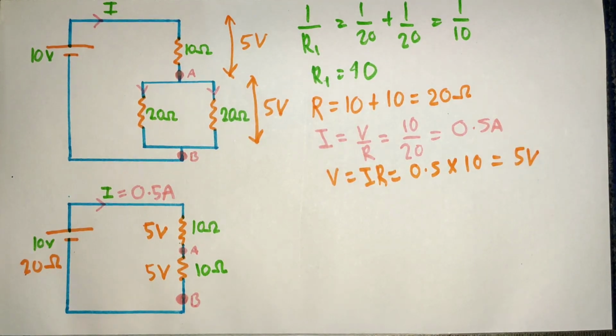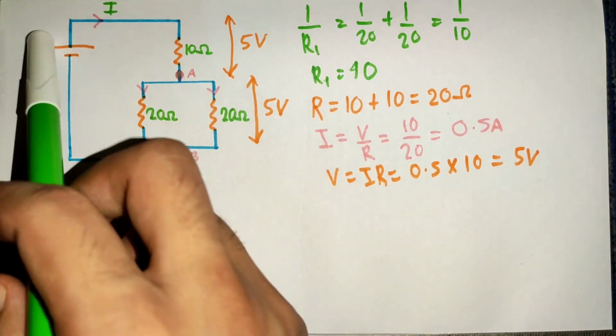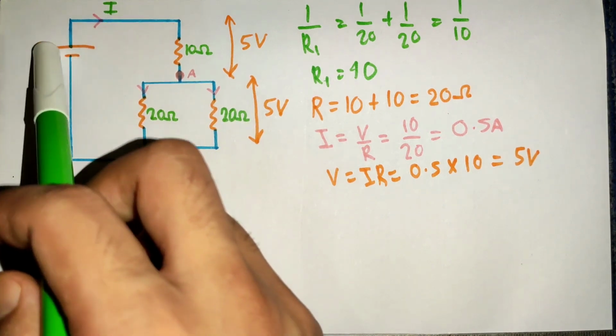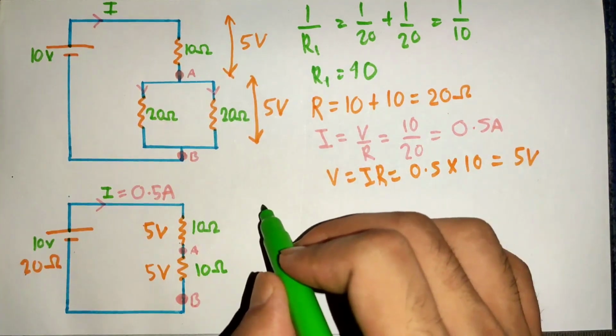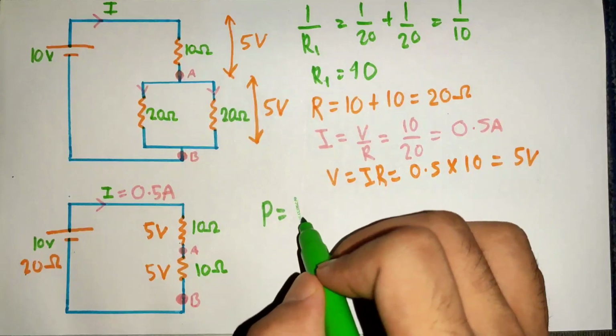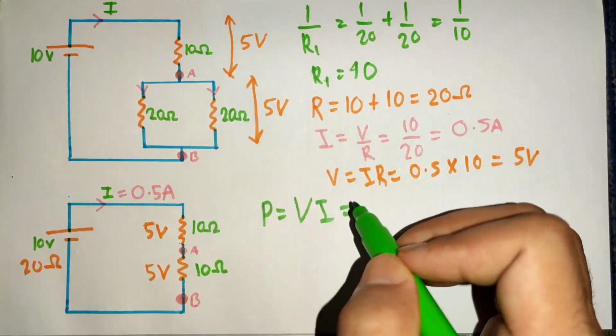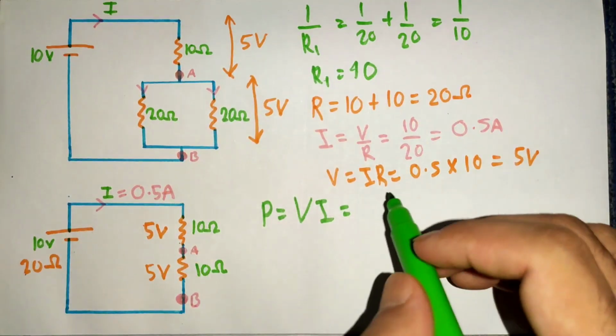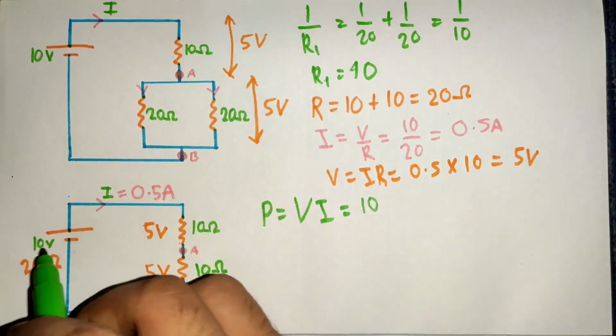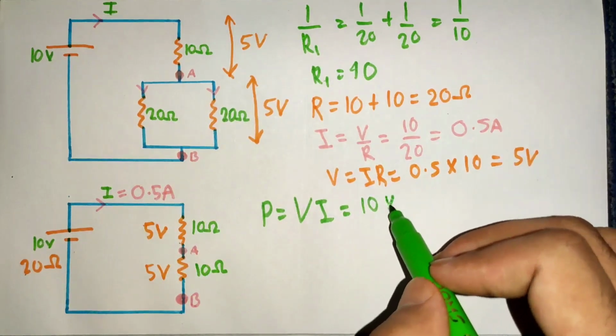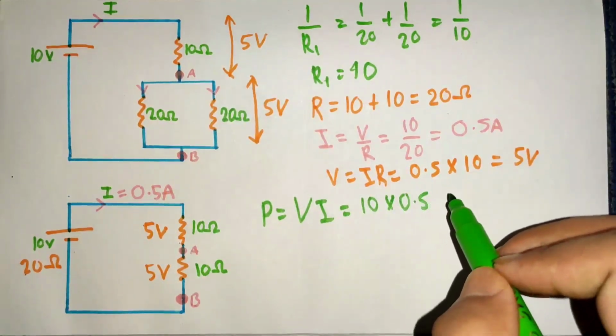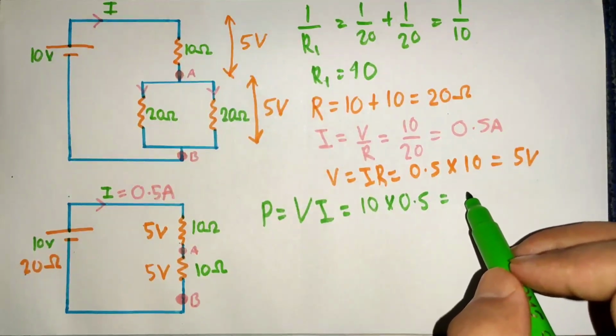Now let's calculate how much power is delivered by this 10 volt of battery. By using power formula, P equal to VI, where the voltage is 10 volt, current 0.5 ampere, that gives us 5 watt.